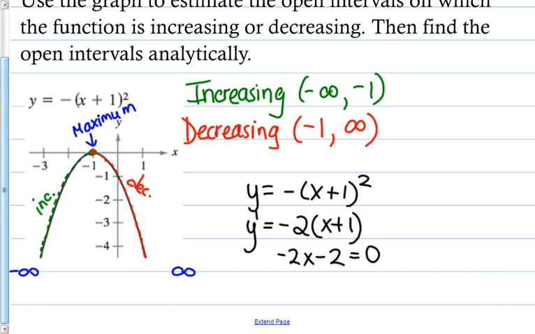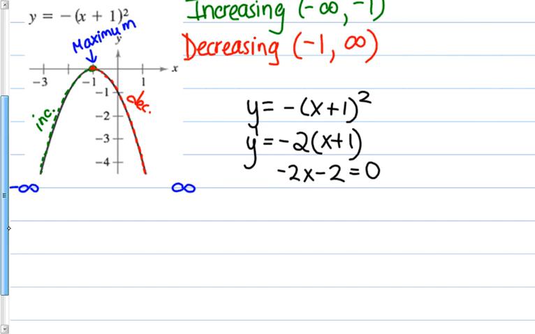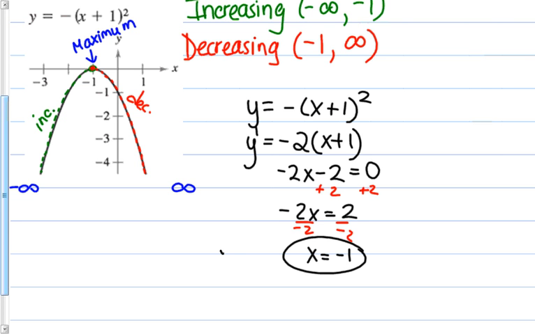And then I find the critical values, the critical numbers, my critical points, or at least the x coordinate. So let's see. Add 2, I get negative 2x equals positive 2. Divide by 2, divide by 2. I get x equals negative 1. So this here is my critical value, critical number, the x coordinate of my critical point.